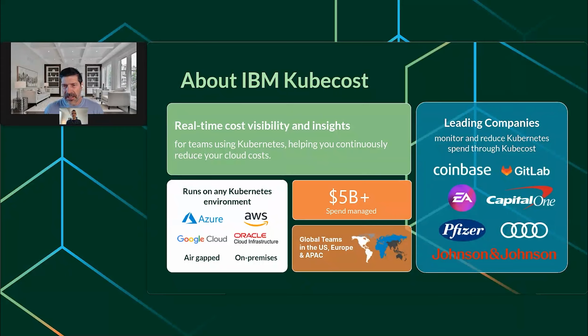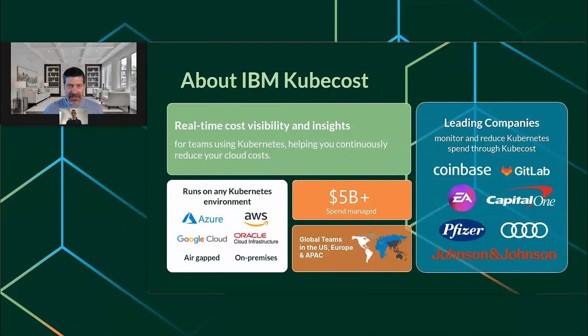We have a great catalog of customers that we appreciate that includes some large names from GitLab to Audi, Johnson & Johnson, and others. And on their behalf, we're managing more than $5 billion of their spend in container environments. We're a global organization, so wherever you are in the world, we have experts standing by ready to help you explore these tools, implement these tools, and see if they solve the challenges that you're working with.